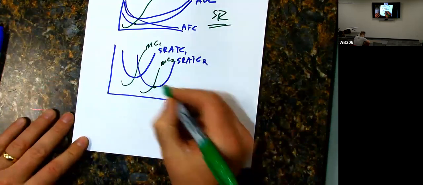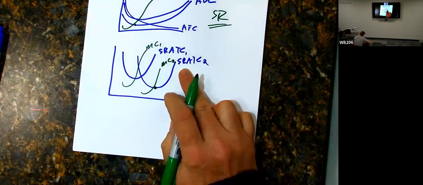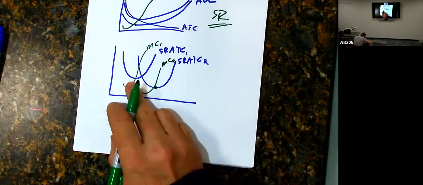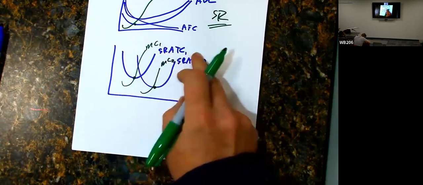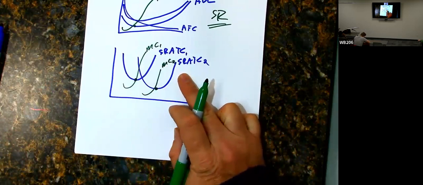That is, the bottom point of this second short run average total cost curve might be lower than the bottom point of this short run cost curve because we have varied the size of plant. We have done something about our factory to make it bigger. Right? We've captured economies of scale.